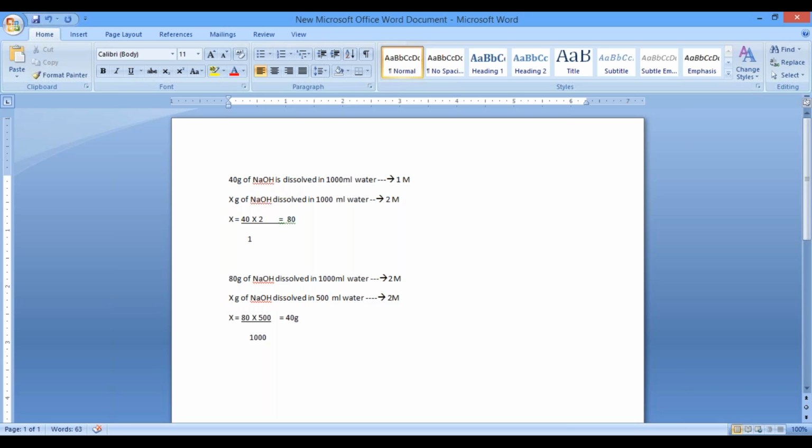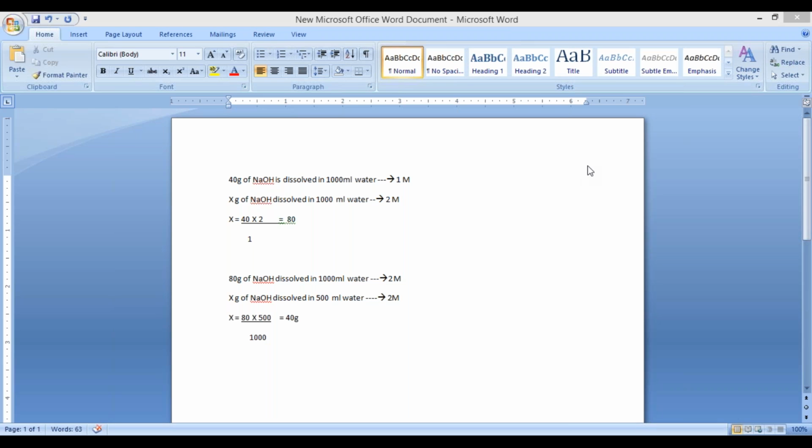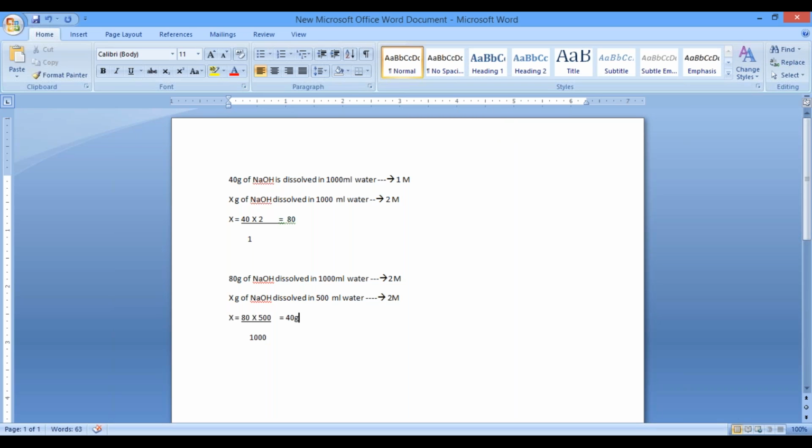So 40 grams of sodium hydroxide dissolved in 500 ml water will give you 2 molar solution. This is how you need to calculate step by step. If you do this, you will not go wrong. So one more question, you do it in this way only.